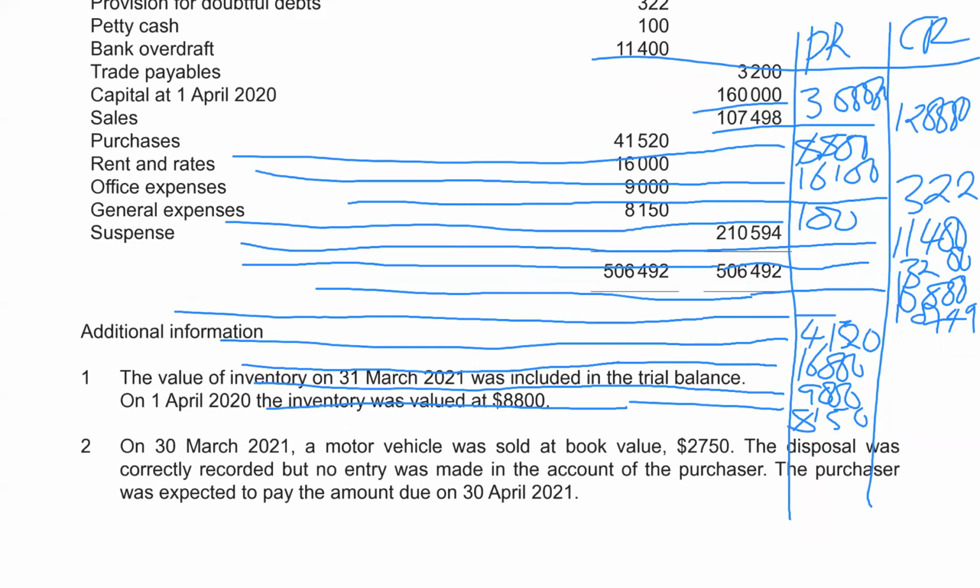So the disposal was correctly recorded, but no entry was made in the account of the purchaser. The purchaser was expected to pay the amount due on 30 April 2021. So these are other receivables.